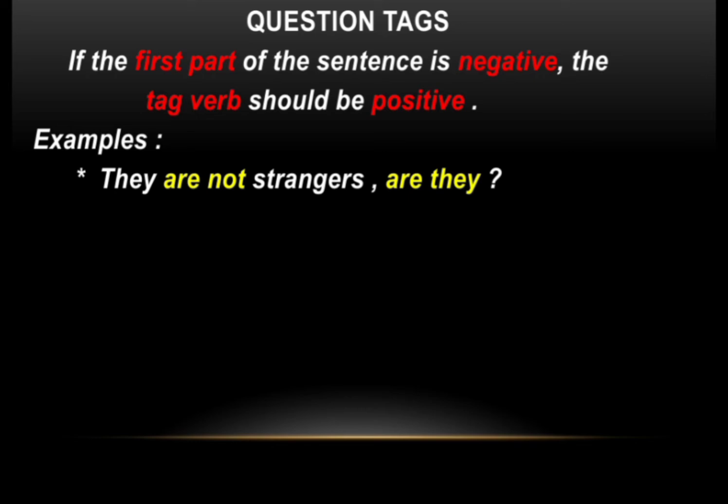Here we have a negative word not and hence the statement is a negative statement. As per the rule, if the statement given is a negative one, the tag should be a positive. Are not is the auxiliary verb in the negative form and so the question tag should be a positive one, so we use are. They is the pronoun and hence the tag is are they.